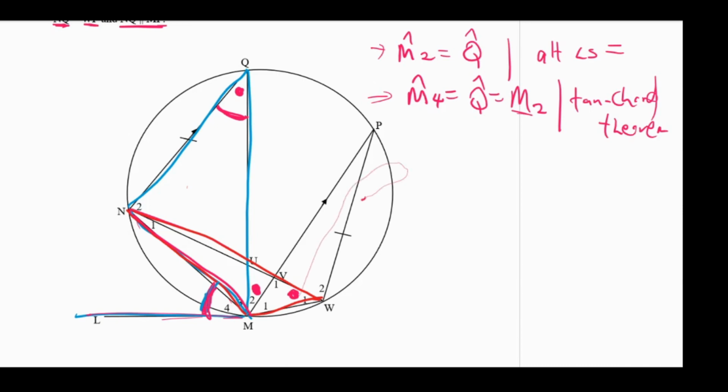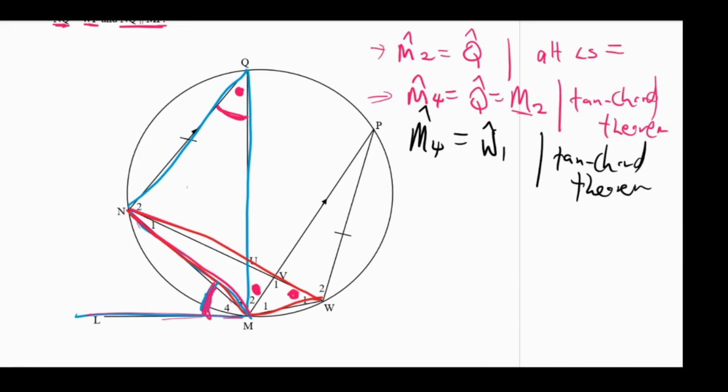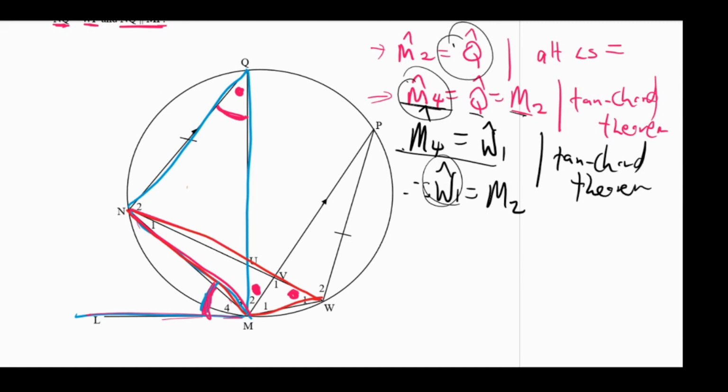So what this means is that angle M4 is equal to W1. The reason for that is also the tan chord theorem. So if these two are equal, and you know M4 is equal to Q, which is equal to M2, therefore W1 is equal to M2, right? So we've proven 3 angles being equal to M2. It's W1, it's M4, it's Q. So all 3 angles, right?